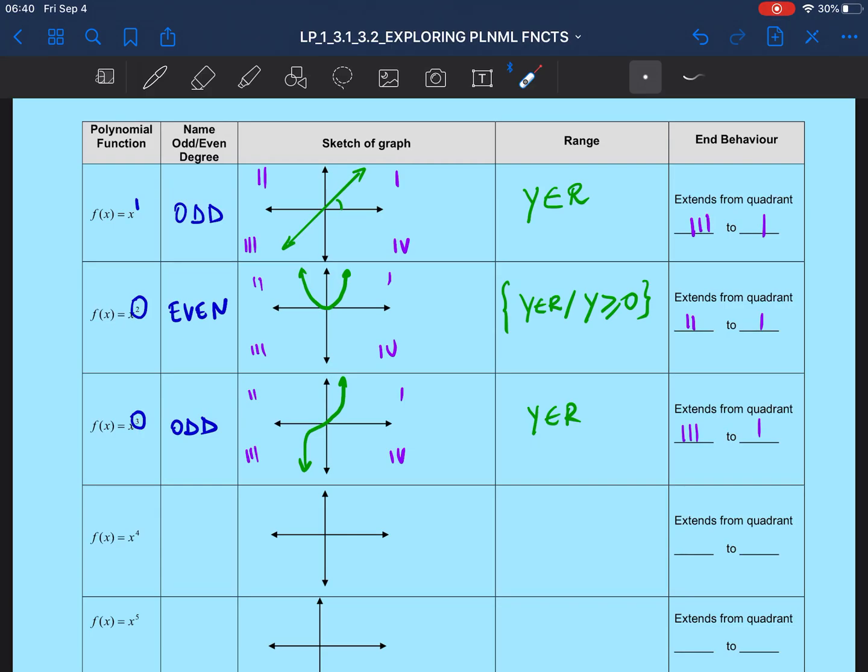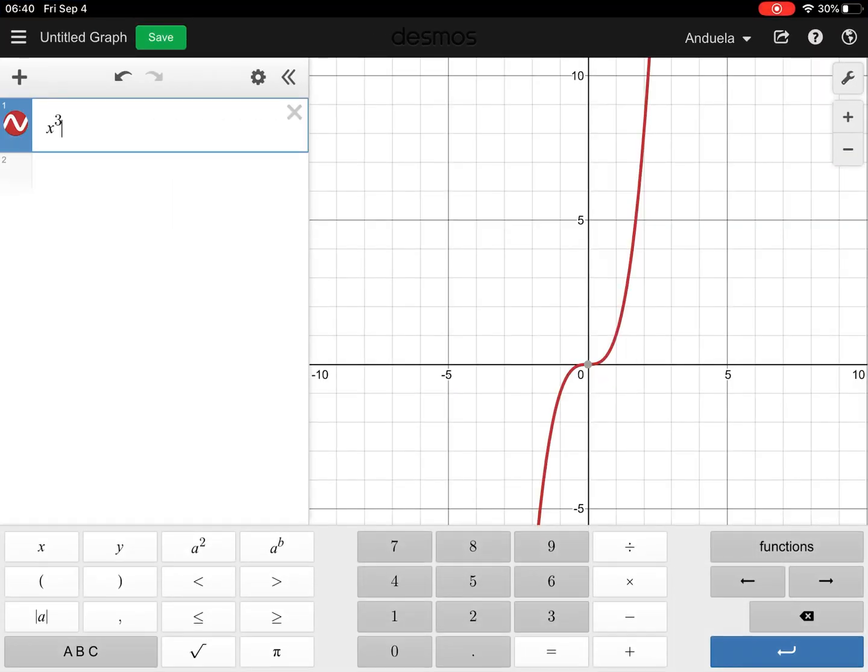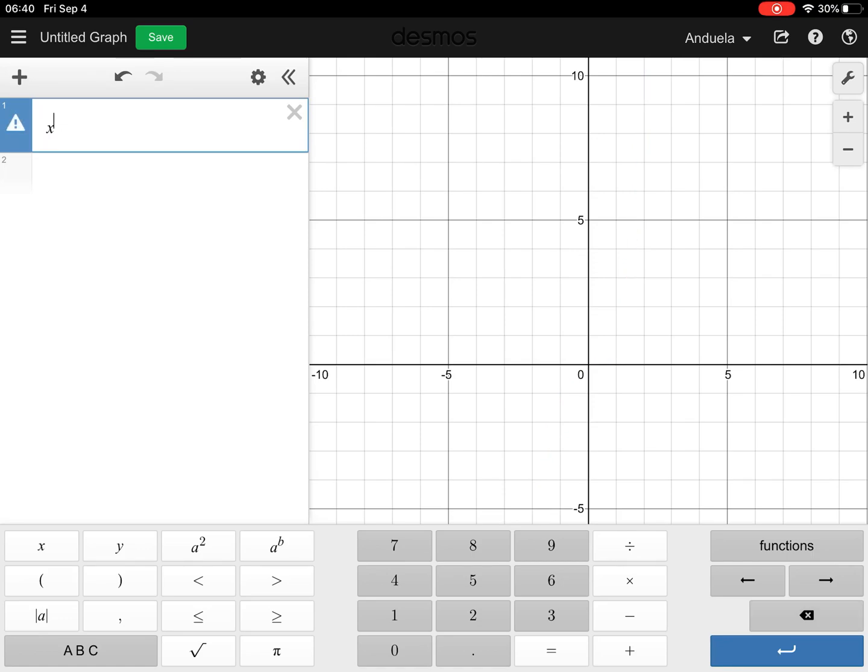Now f of x equals x to the power 4 is an even degree function. That's because the power 4 is an even number. And I'm going to graph this together. I'm simply going to change the power here, power 4.